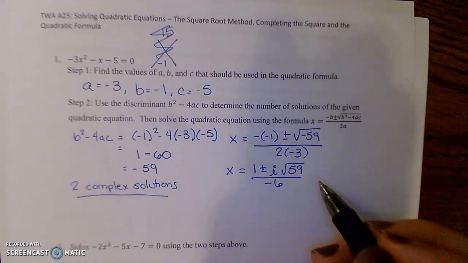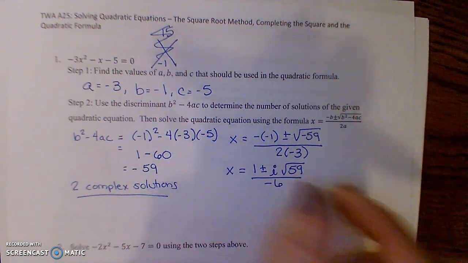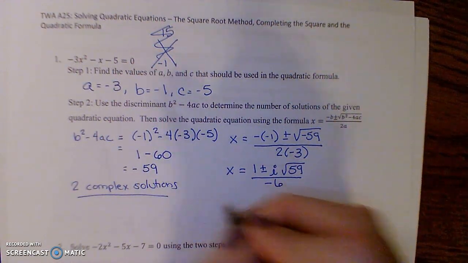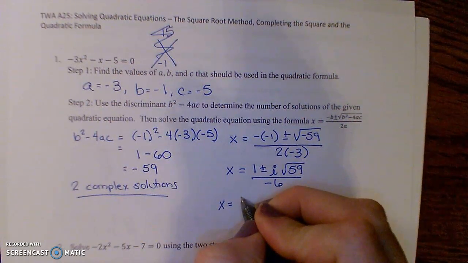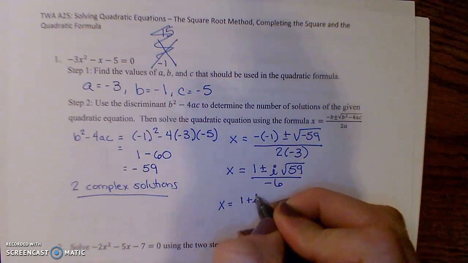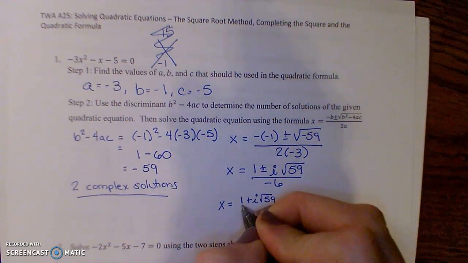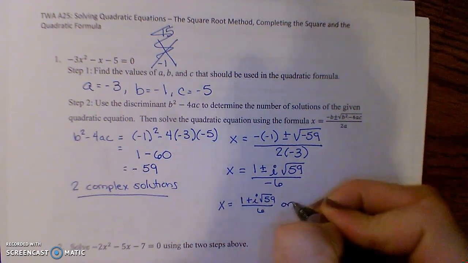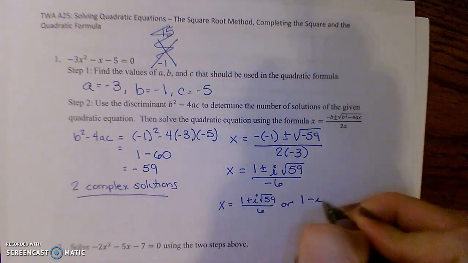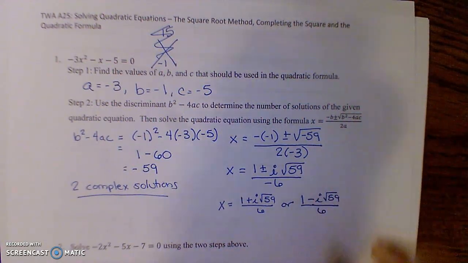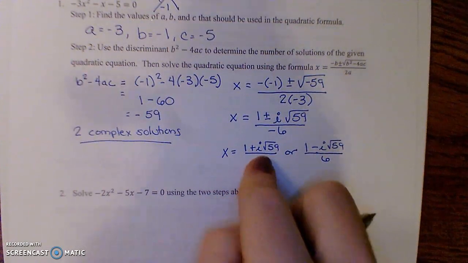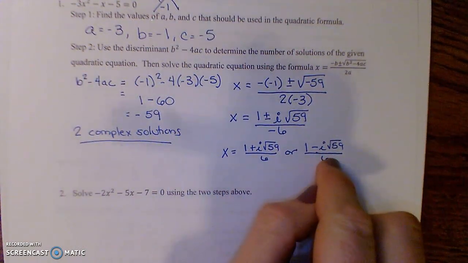There's two of them. And notice that you can break them up. You can write them as two separate things, like x equals 1 plus i root 59 over 6, or 1 minus i root 59 all over 6. Notice, too, that these are conjugates of each other, right?